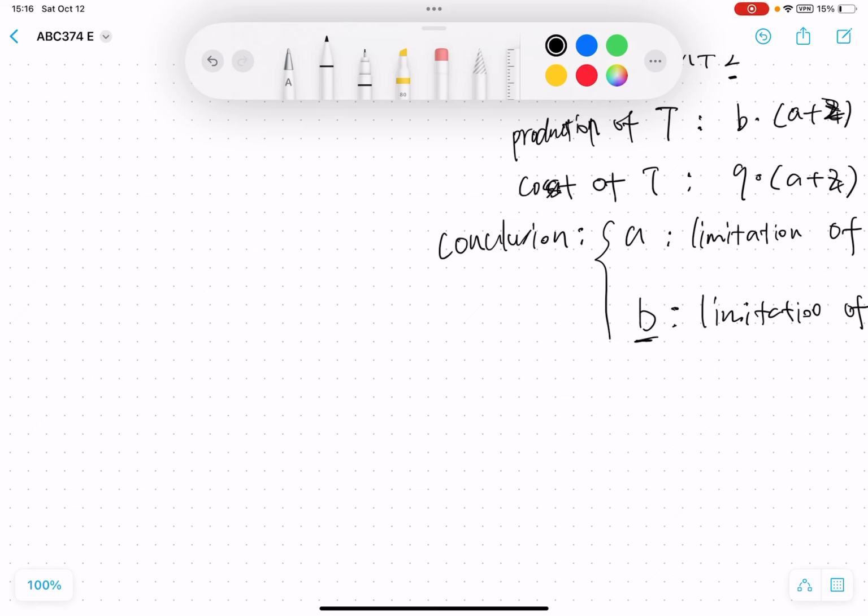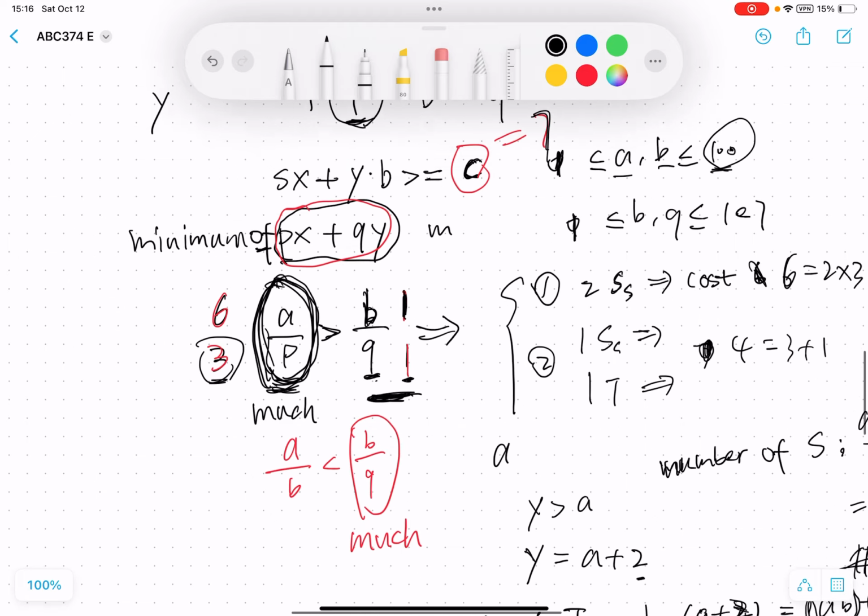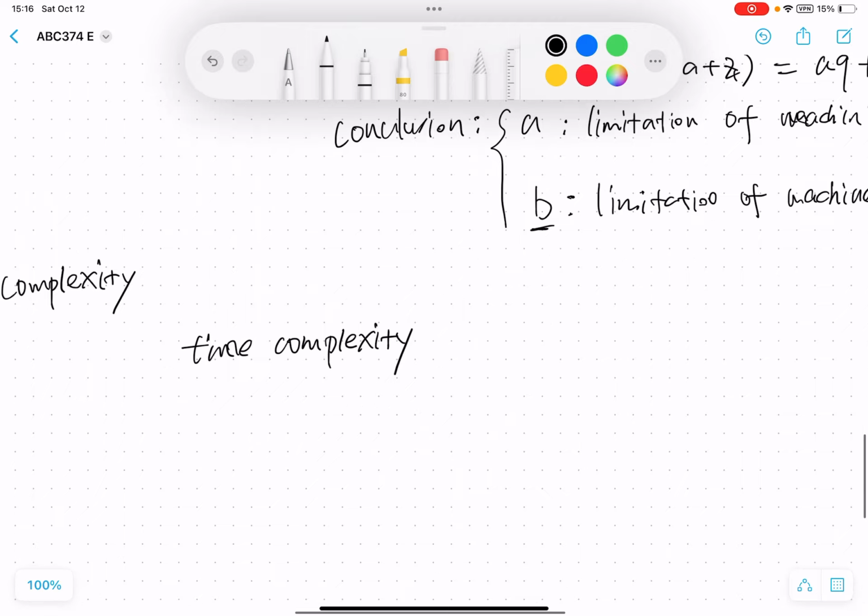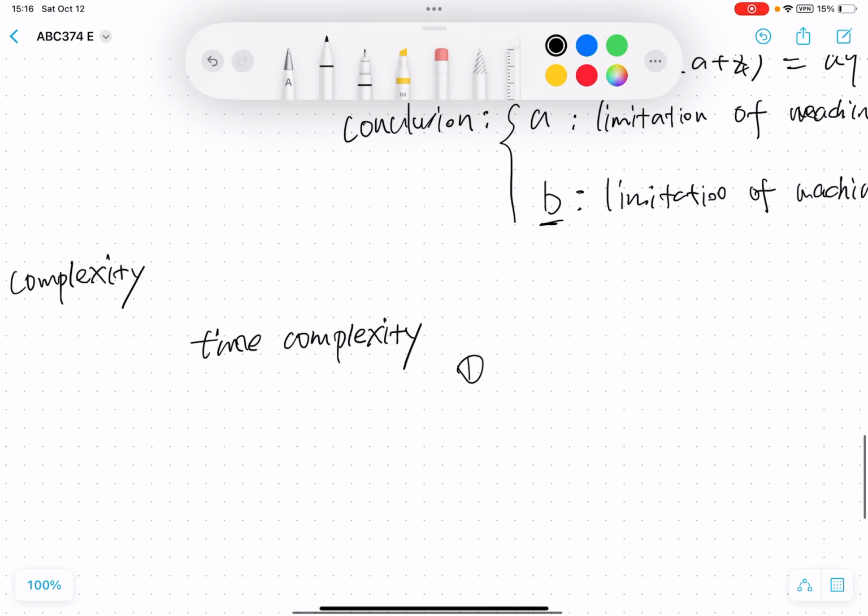For the third part, let's talk about complexity. First is time complexity. First we need a binary search that will cost log of 100.